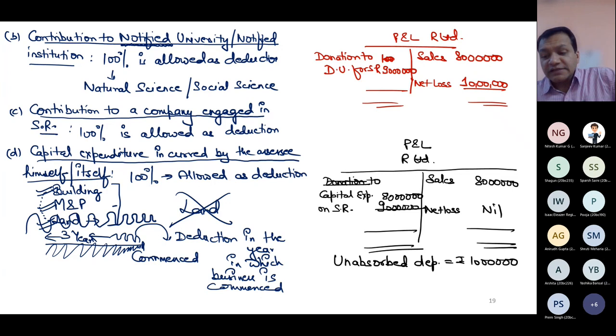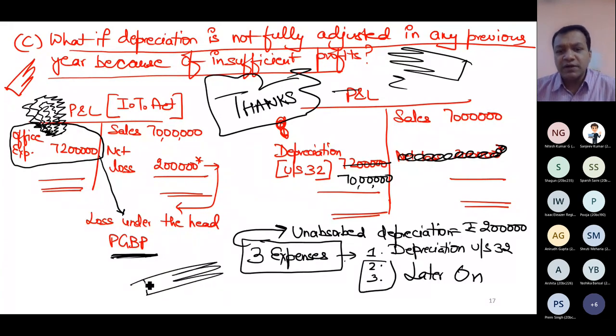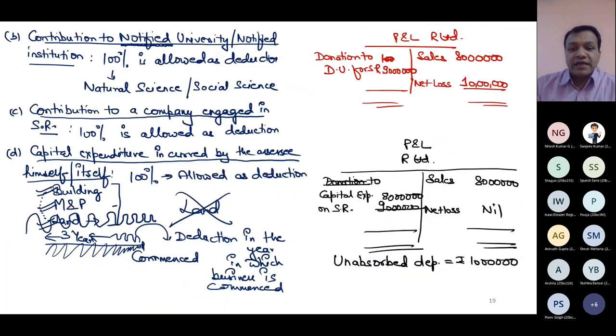I told you in the last class that depreciation, if not fully adjusted, will not lose its own identity. It will continue in the next year with its own name, unabsorbed depreciation. Same is the case with this expenditure. I told you there are 6 expenditures which will not lose their own identity. One is depreciation itself. Another is capital expenditure on scientific research.